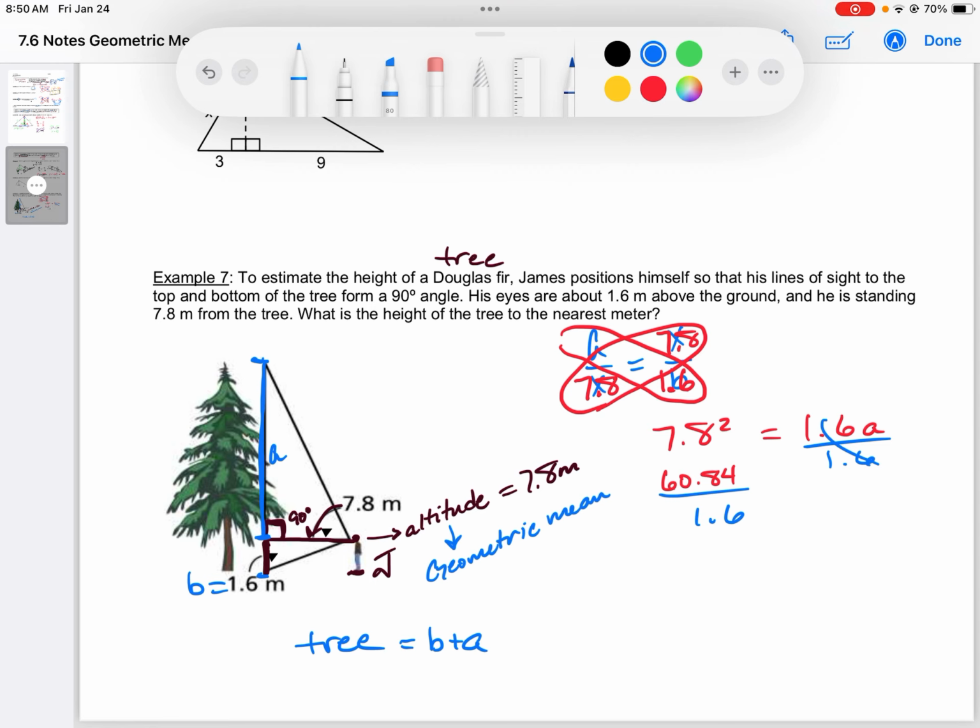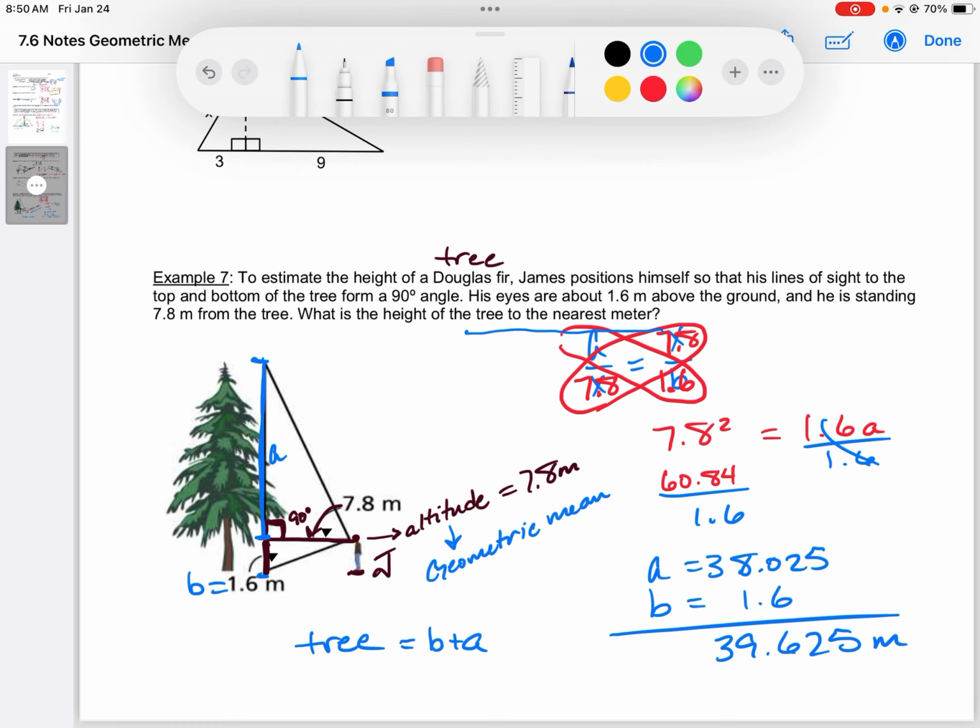And so our height of A is 38.025, and B is 1.6. So when we add those together, our whole tree should be about 39.625 meters high. Our question says round to the nearest meter, so we're going to say that it's about 40 meters.